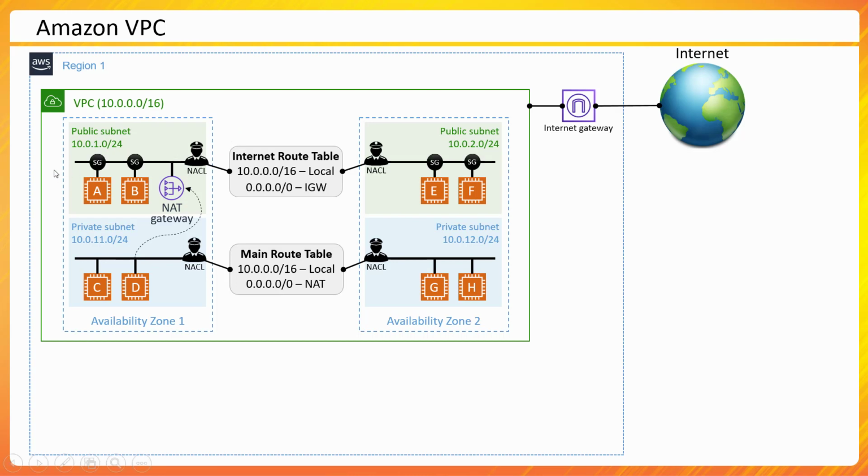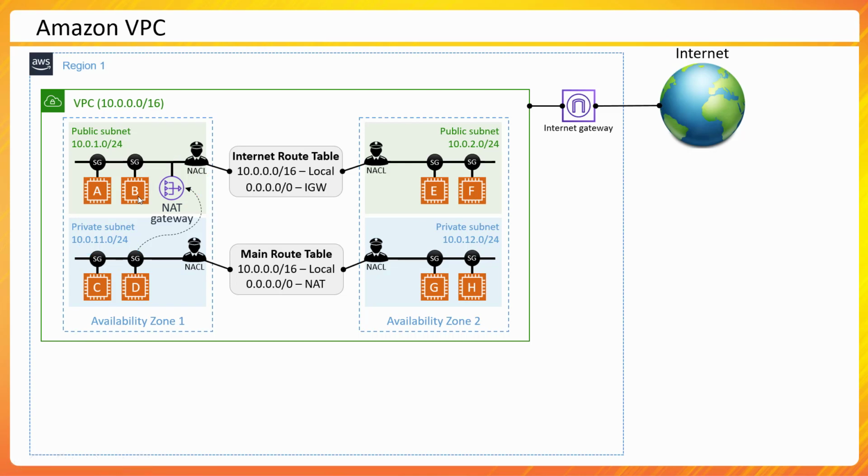They are associated with the instances here, and every instance would have a security group like we see here. If communication is only happening from C to D, it is only subjected to the security group. But if the communication is happening from, let's say, D to B, it is subjected to this type of traffic pattern. So hopefully this is clear.